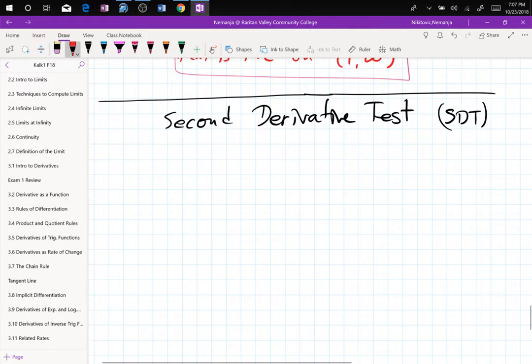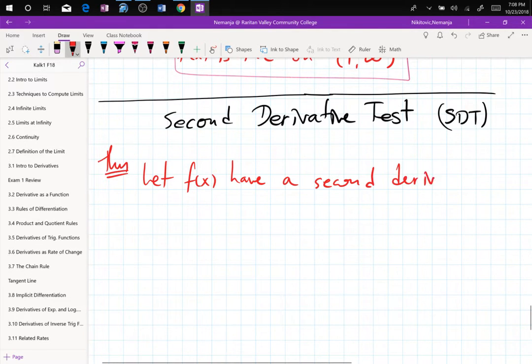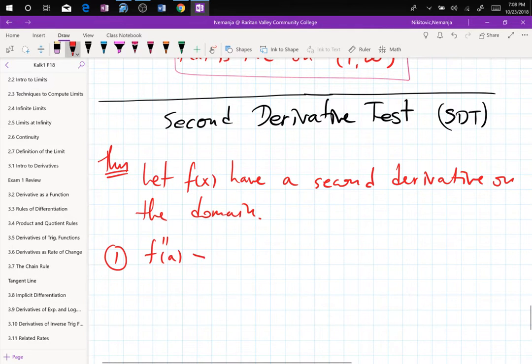So let's go with the theorem immediately. Let f of x have a second derivative on the domain. Number 1, if the second derivative computed at a is bigger than 0, then f of x is concave up.